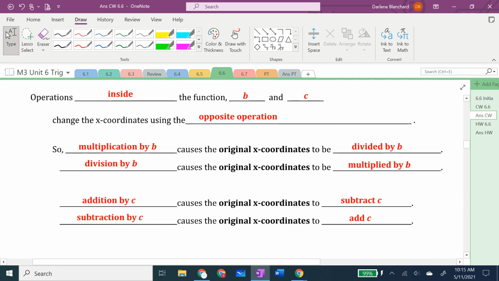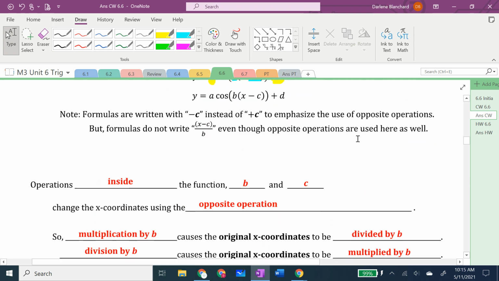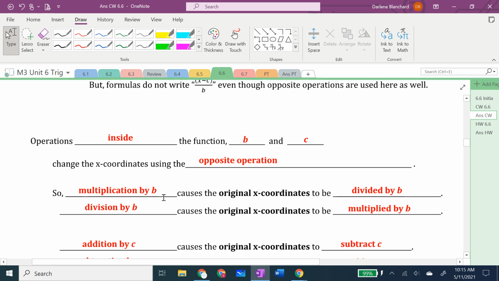So just to overemphasize, the operations inside the function we are dealing with are B and C. For those, you're going to change the x coordinates using the opposite operation. So if you see a multiplication by B, you're going to take the parent function's x coordinates and divide them by B. If you see a division by B, then you're going to multiply your original x coordinates by B, just always opposite operation.